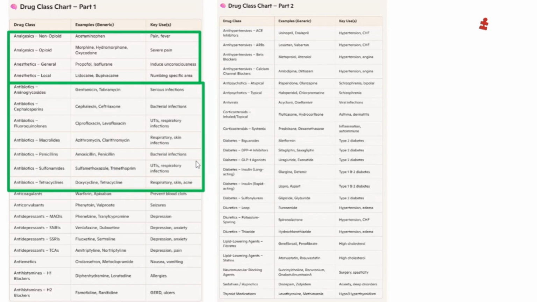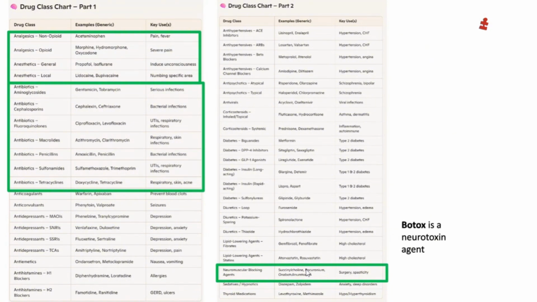But it is that Botox, right? Botox is a neurotoxin agent, nerve blocking, right? Or muscle blocking. That's why people inject Botox in their skin to prevent or to limit or to block wrinkles in the forehead or anywhere on the face.